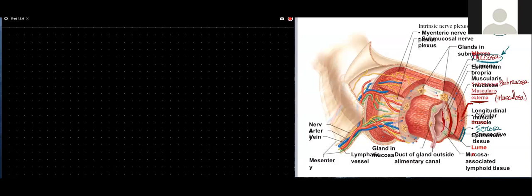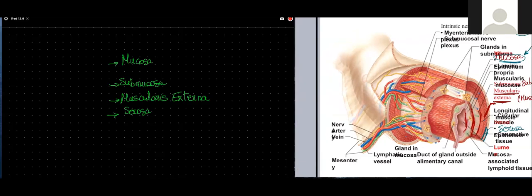The main important things that you need to know are the 4 layers: mucosa, submucosa, muscularis externa, and the serosa. Those are the 4 main things that you need to identify on this diagram. This is the 5 stars diagram.